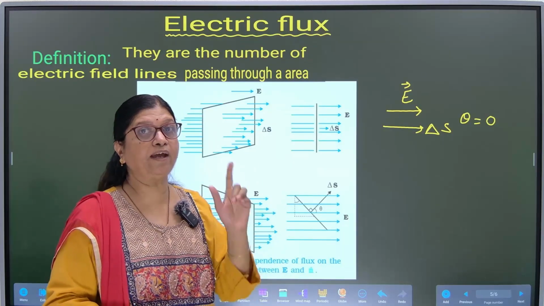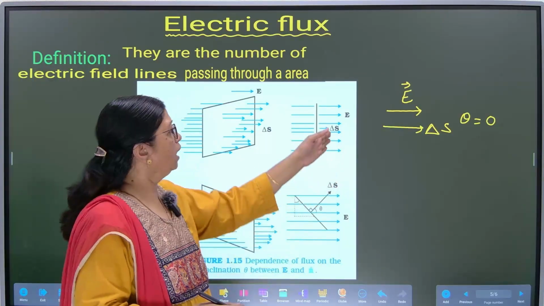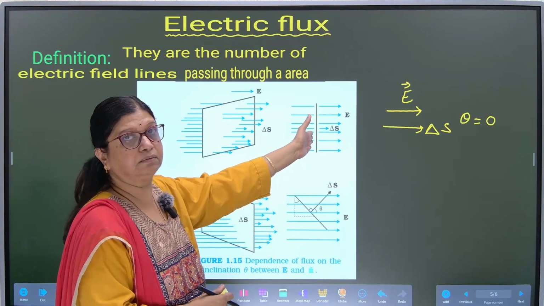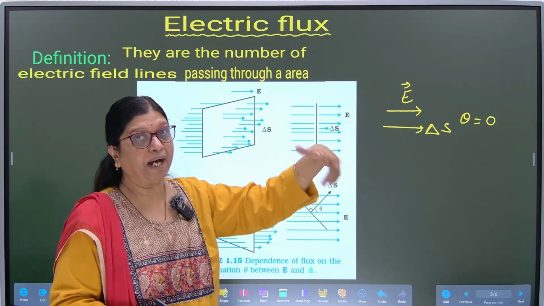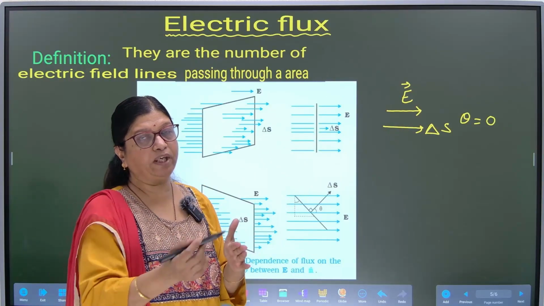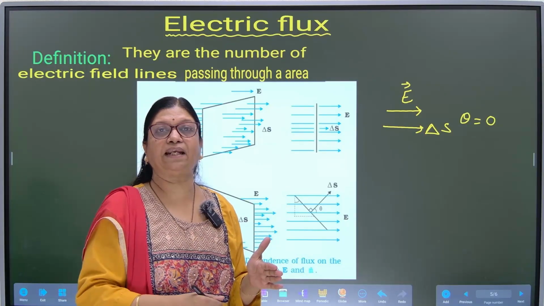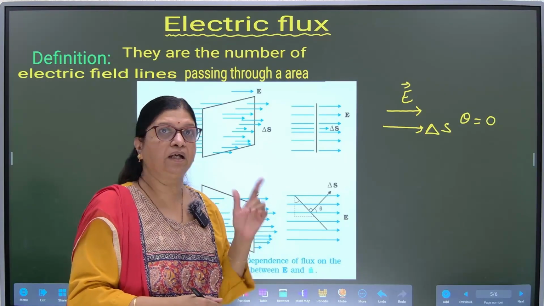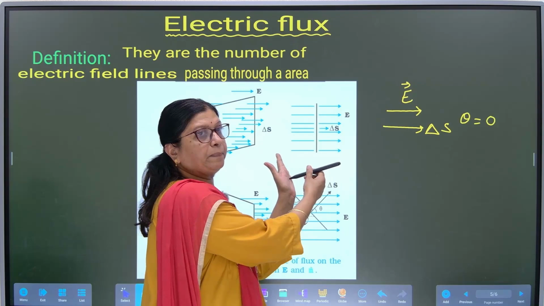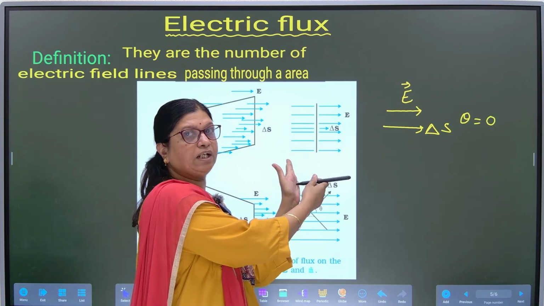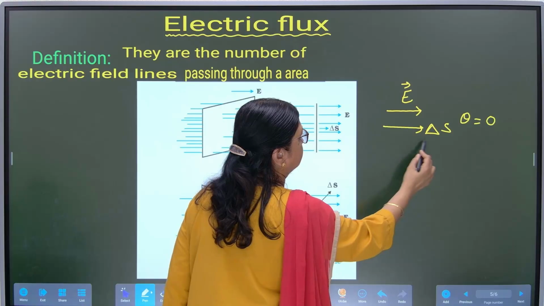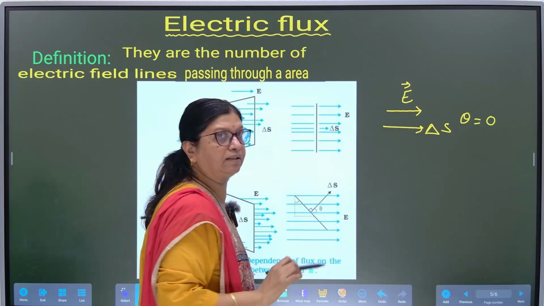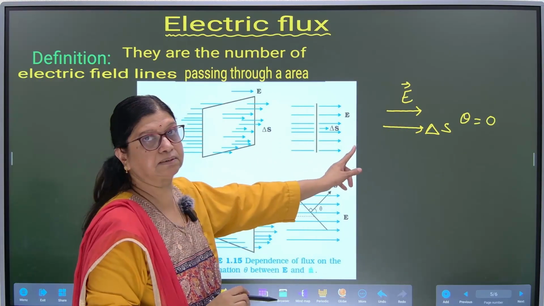Here we have placed the surface element perpendicular to the direction of the electric field, and the direction of the area element is always perpendicular to the surface. So the direction of the area element is the same as the direction of the electric field in this case.